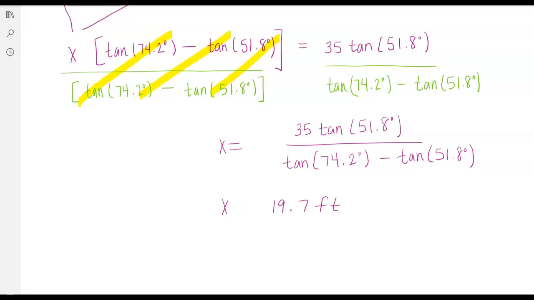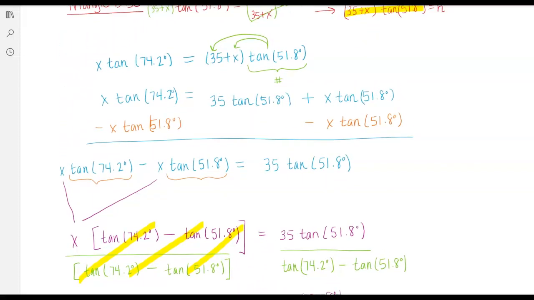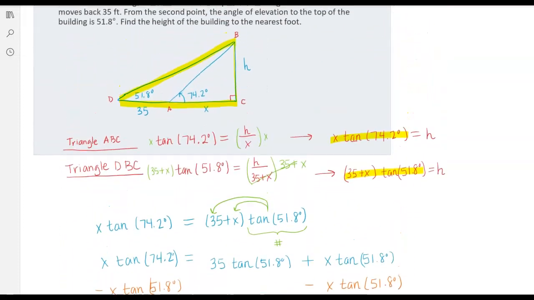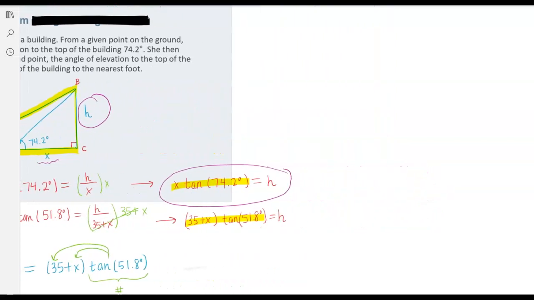I use this little squiggly line to denote approximately. Let's go back up and look at what the original problem was. The original problem was asking us to find the height, but we found x. So let's go back to this version here and plug in what we found for x to get our final answer.